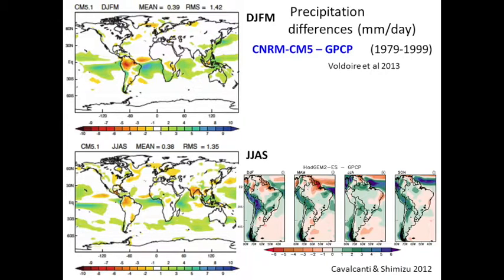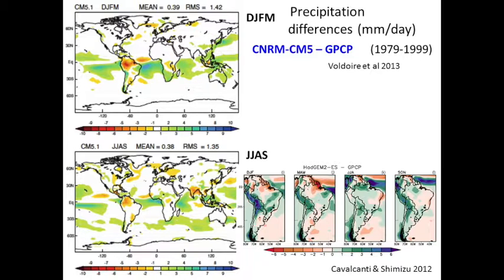So here, for example, I took one model from France, CNRM, and these results are in this paper here.